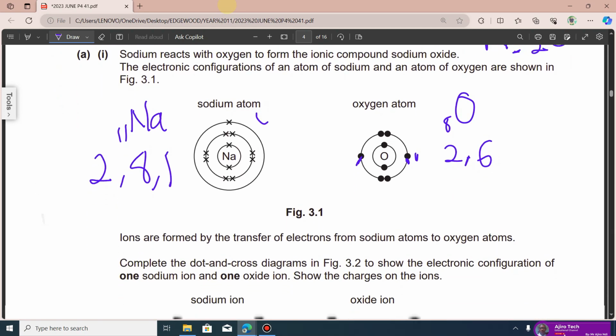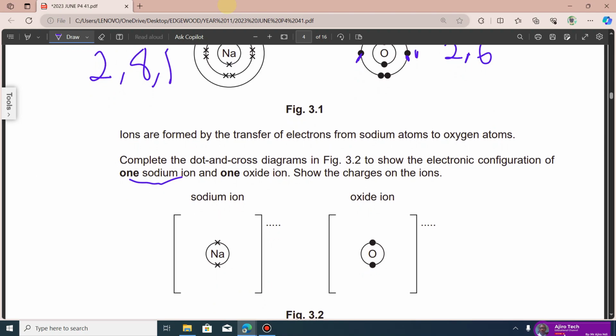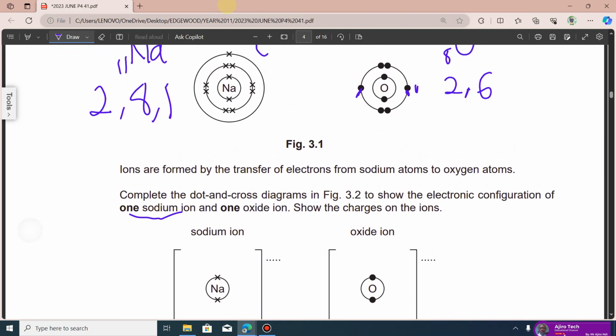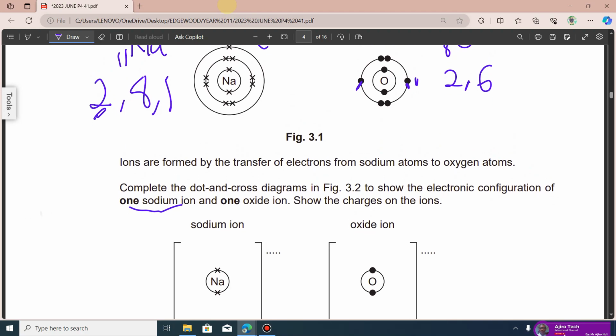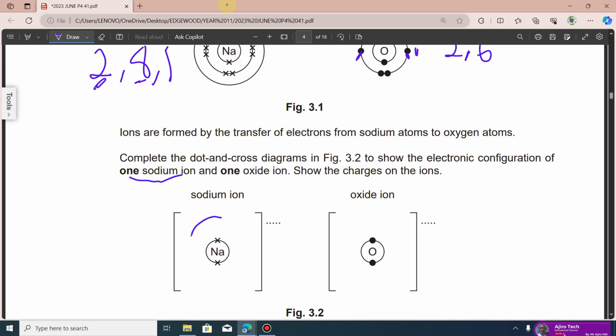Okay, so now let's go straight to drawing the cross and dot diagram of 1 sodium ion. Now the first shell has been drawn for us. That is the first 2 electrons which are here. So we're going to draw the next one, which is the 8 electrons that should be in the outer shell. So we'll draw this. Then we have 1, 2, 3, 4, 5, 6, 7, and 8.